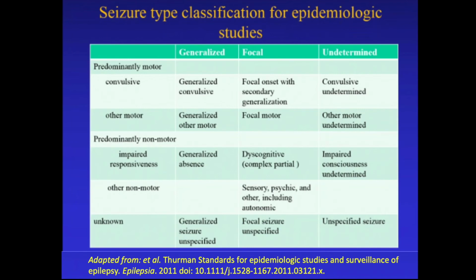And you can see that we broadly classify cases into generalized, focal, and undetermined. And I think it's important to remember, there are many people who are going to be undetermined, particularly in epidemiologic studies. So you need to have this category.